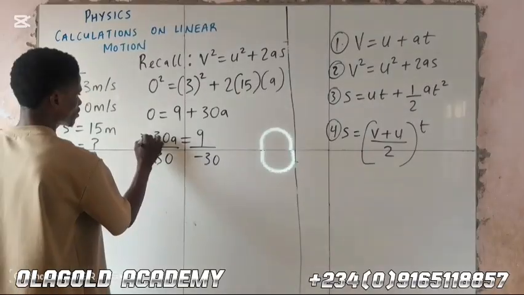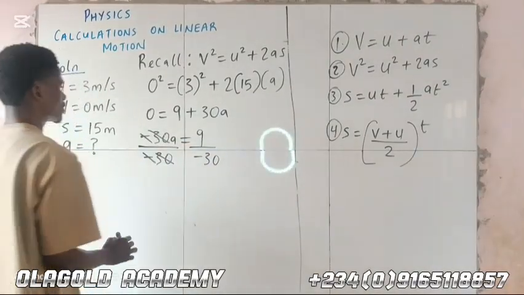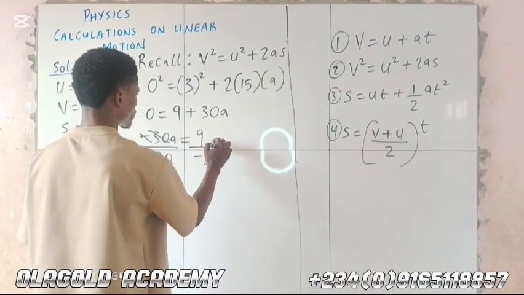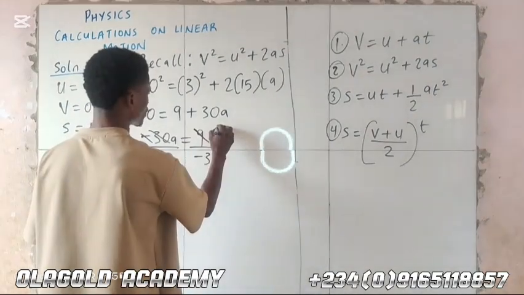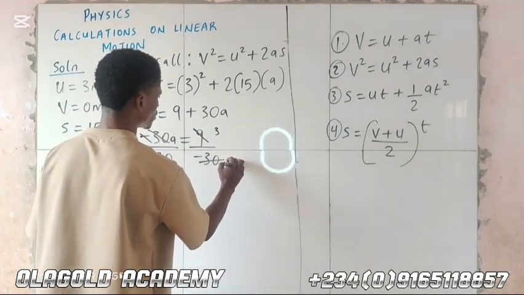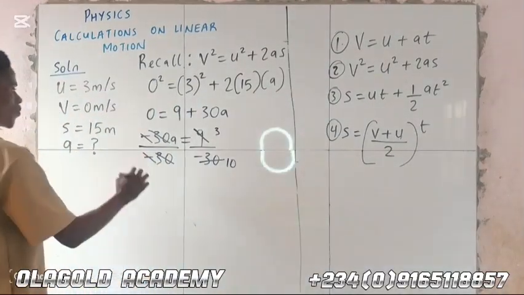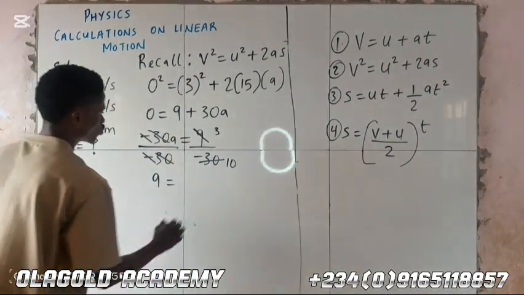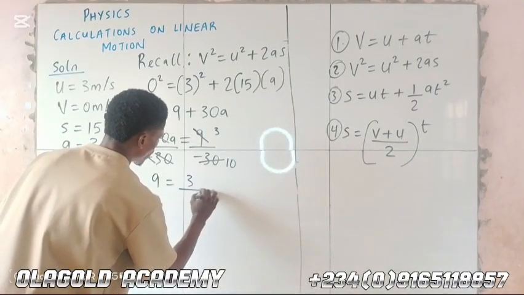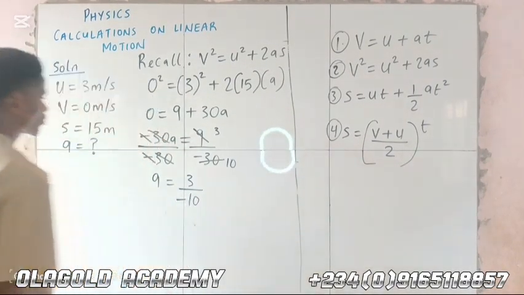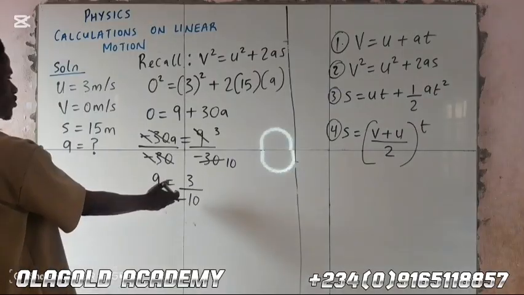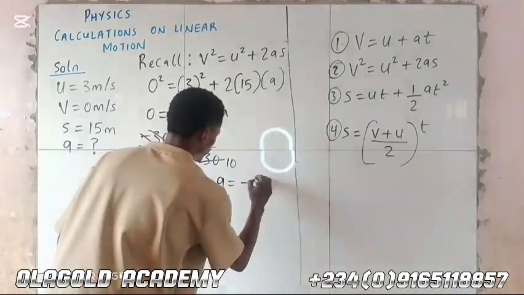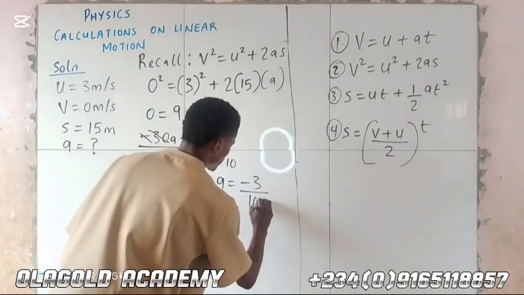Minus 30 cancels out minus 30. Here, 3 can go into 9 three times and into 30 ten times. So acceleration equals 3 over minus 10. From here, you can have it as a equals minus 3 over 10.